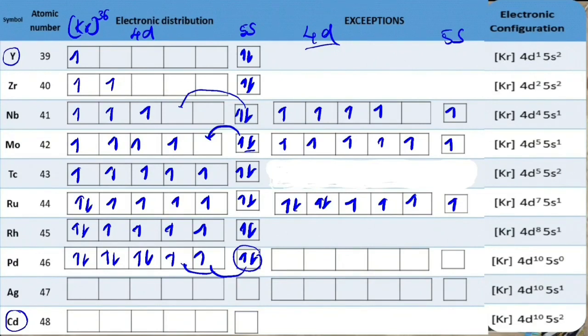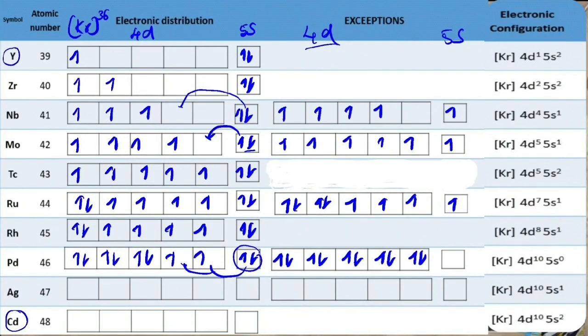As we go down the group, that means 3d to 4d, the size will increase. There will be a lesser effective nuclear charge. That's why this 5s orbital will not take any electron, that is 5s0, and 10 electrons will be placed in 4d orbital like this.